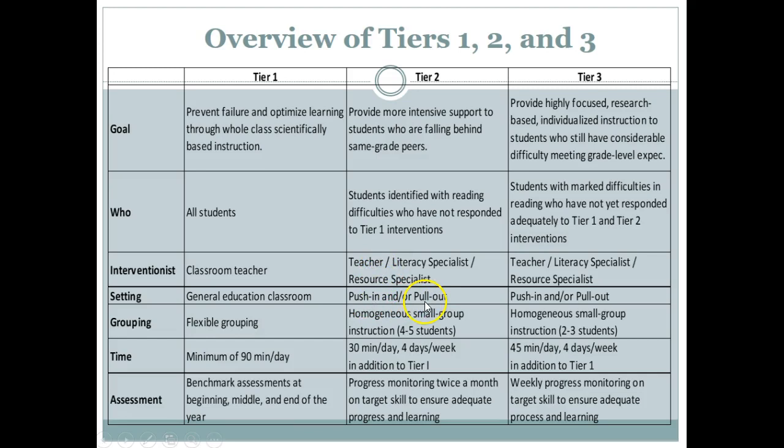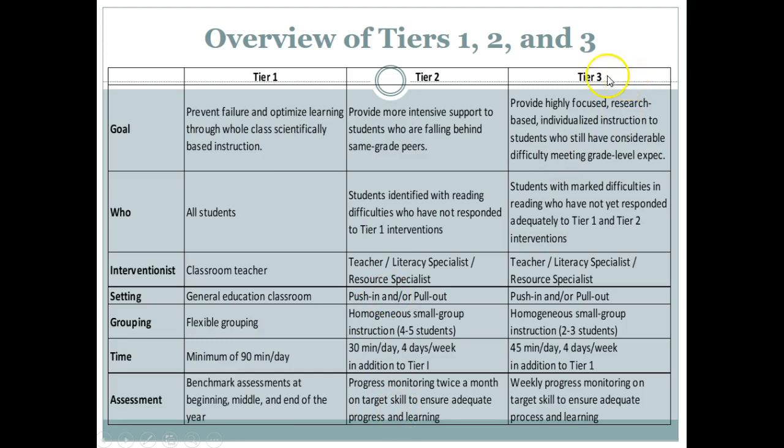Could be push-in, could be pull-out. It should be homogeneous small group instruction, 4 to 5 students, about 30 minutes a day, 4 days a week. In addition to this effective instruction, they should be progress monitored about twice a month on the target skill, which is the focus of their intervention, to ensure adequate progress and learning.